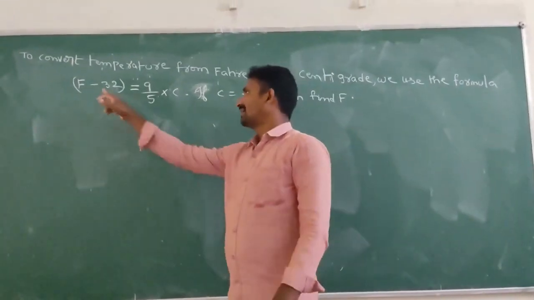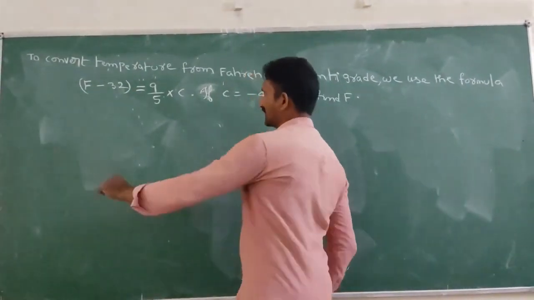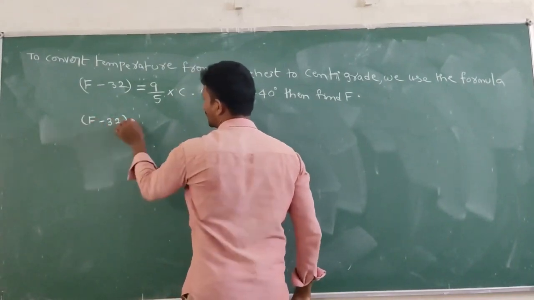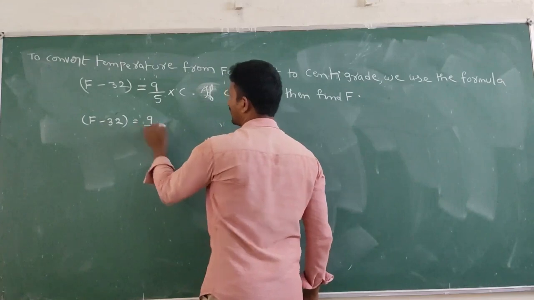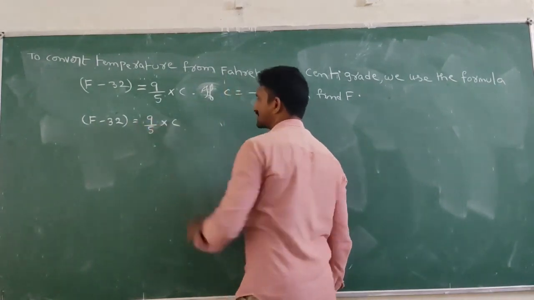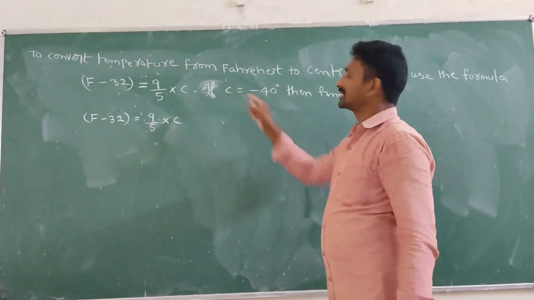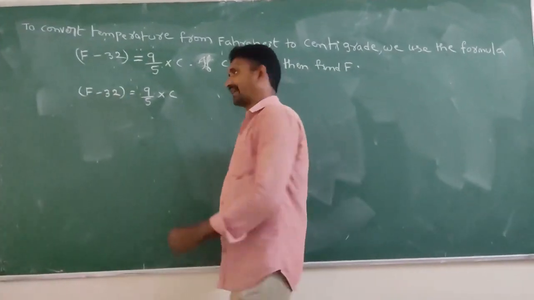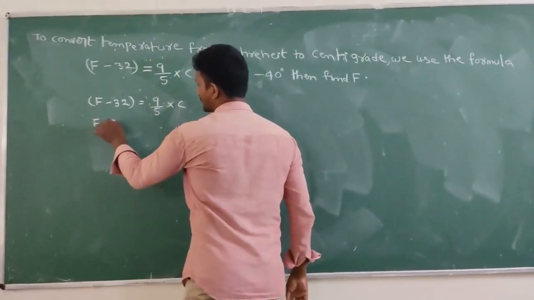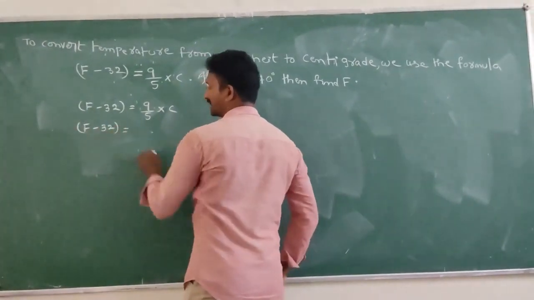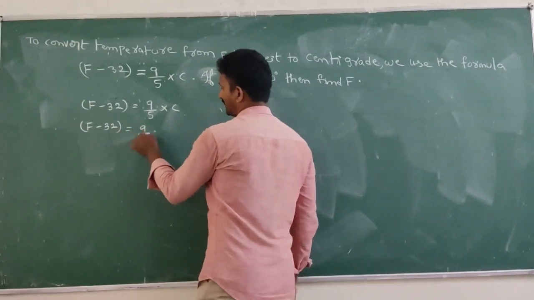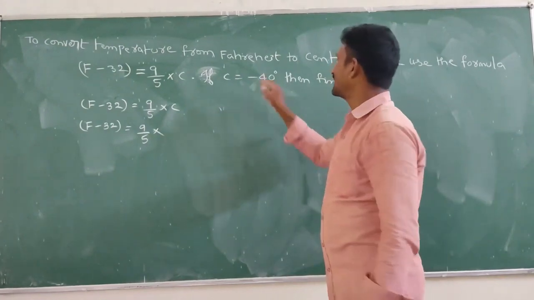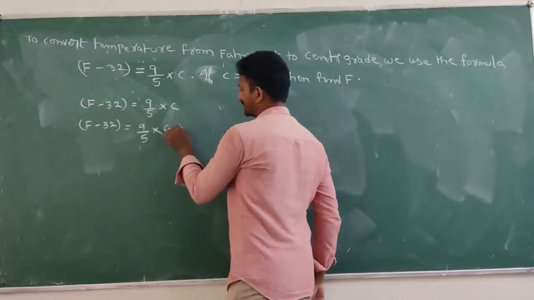Substitute the C value, minus 40 degrees: F minus 32 equal to 9 by 5 into minus 40.